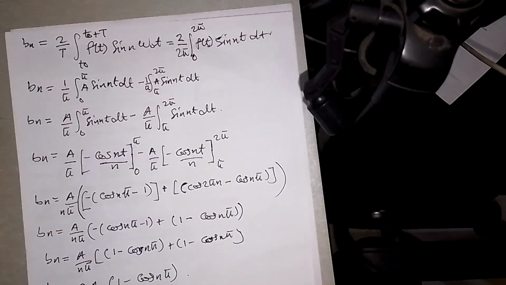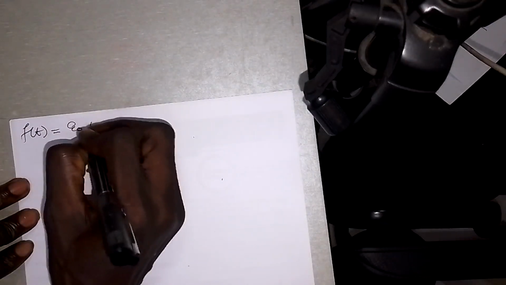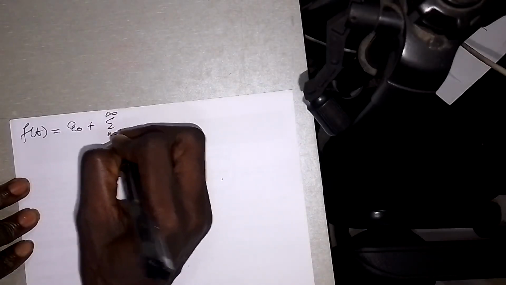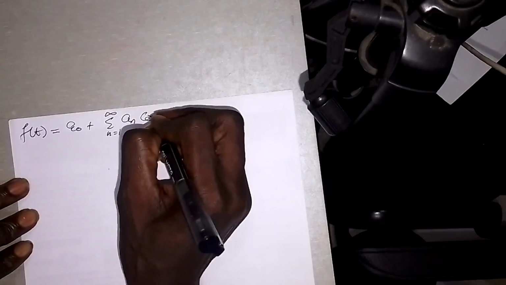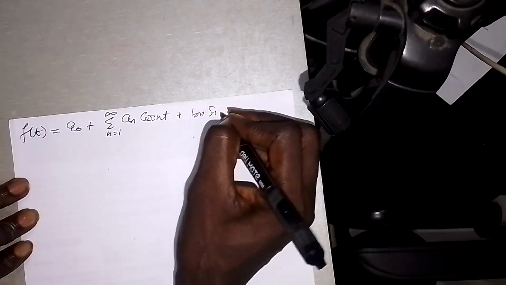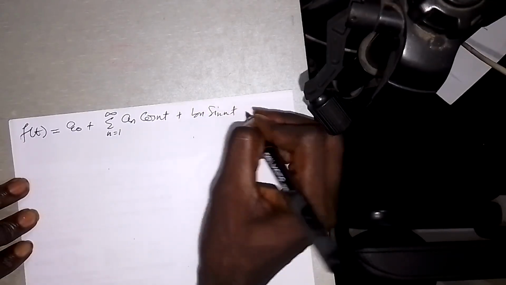All right, so now let's realize our entire Fourier series equation. From the Fourier series, you know that f of t is equal to a naught plus the summation up to infinity, n equals 1, of an cos nt plus bn sin nt.